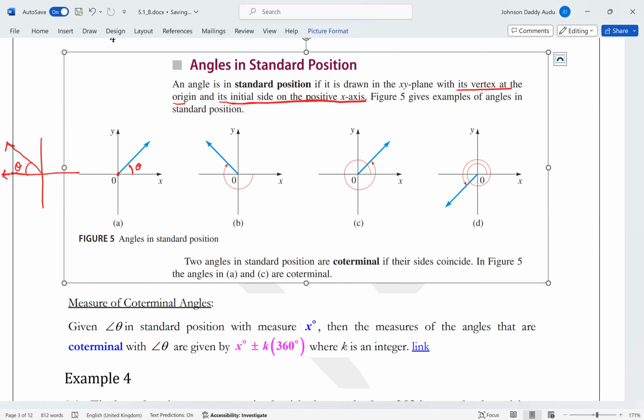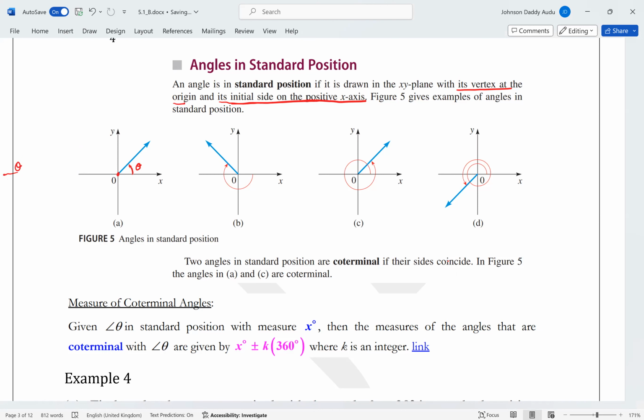Let me give another example here. If we do this and we put here theta, this theta is also not in standard position because the initial side is not on the positive x-axis.